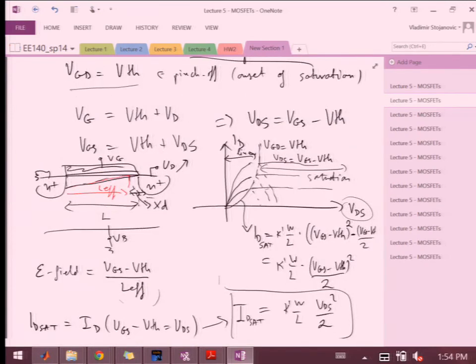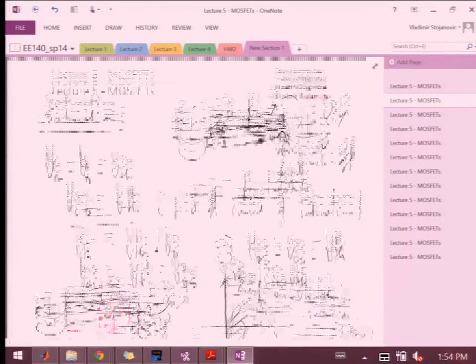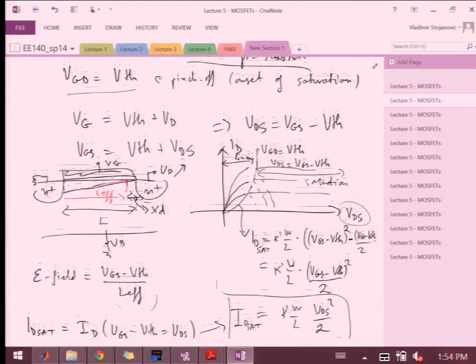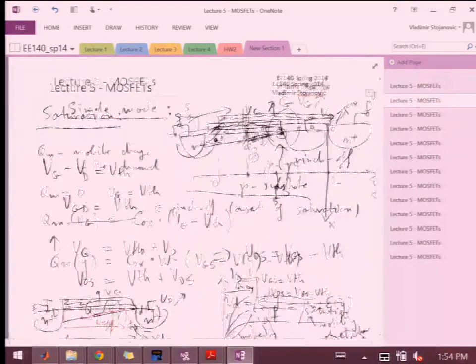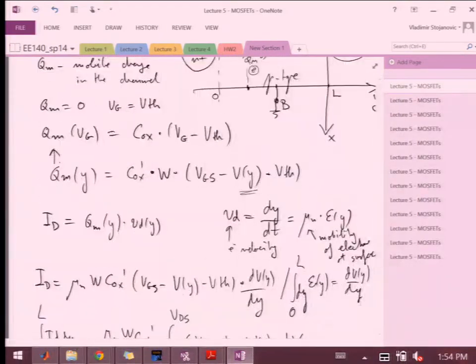So the question is why, if you basically don't have any charge here from the inversion, does the current still flow? Well, notice that the current, as we had it on the previous one, was the charge times the velocity.